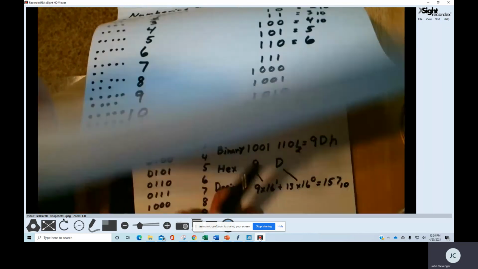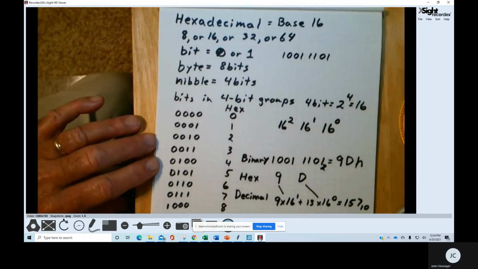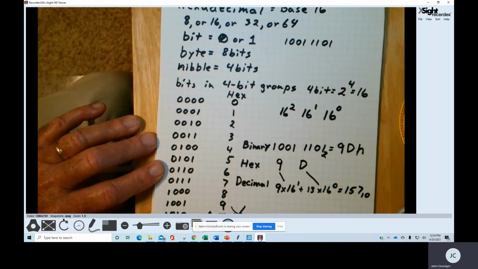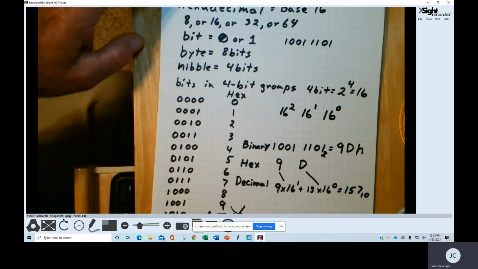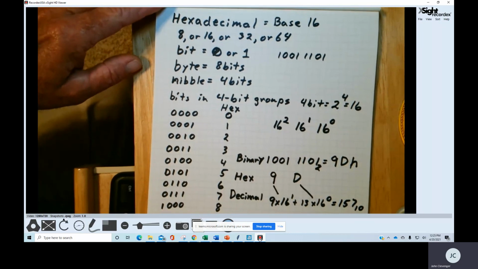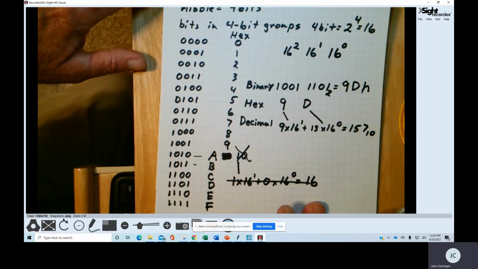But in most computer systems, we group together bits in either 8 or 16 or 32 or 64 bit groups. So it's easier to express these digital quantities using the hexadecimal numbering system, base 16, because with 4 bits, we have 16 possible combinations of zeros and ones.